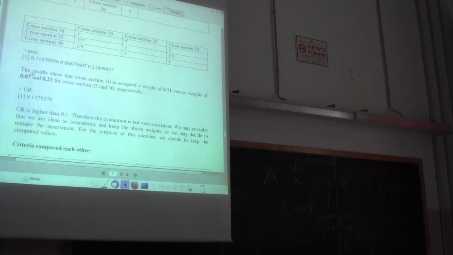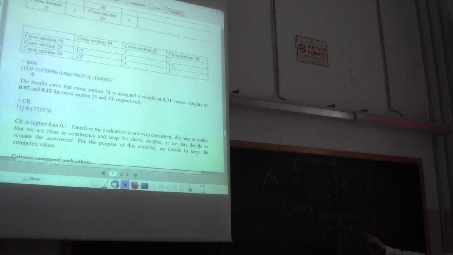Here there is an important thing to see. CR is higher than 0.1. It means that this matrix that you can see on the top is not consistent. And I should change it. I didn't do that. I just wanted to keep it because I wanted to show you that you can easily get an inconsistent matrix. So if we wanted to be very rigorous, we should change it. If we keep it in this way, we still have weights.